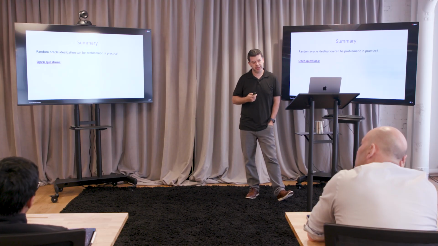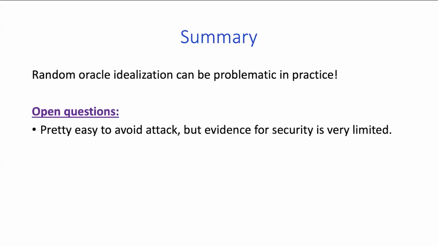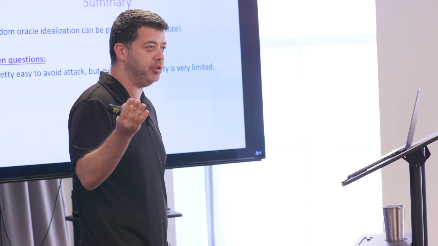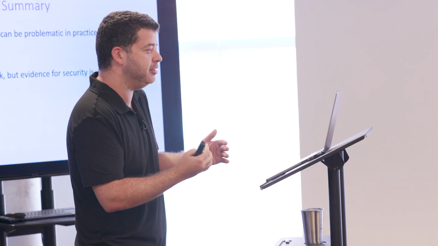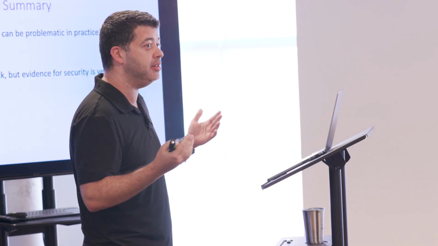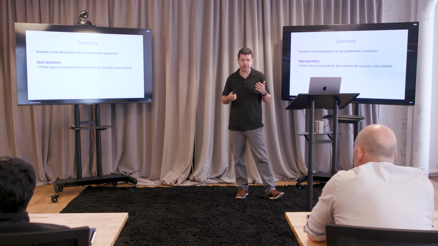So let me conclude with some open questions that I'm excited about. As I pointed out, it's not difficult to avoid the attack. You just increase the depth of your hash function, for example, and the attack will not go through. But beyond the fact that the specific attack doesn't go through, we have very limited evidence for security. So I think studying this is, in my mind, extremely important.